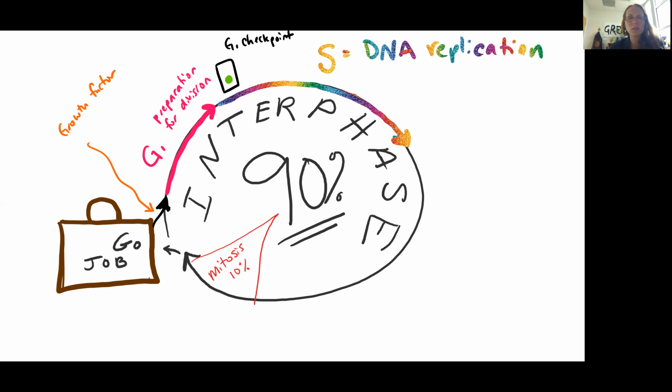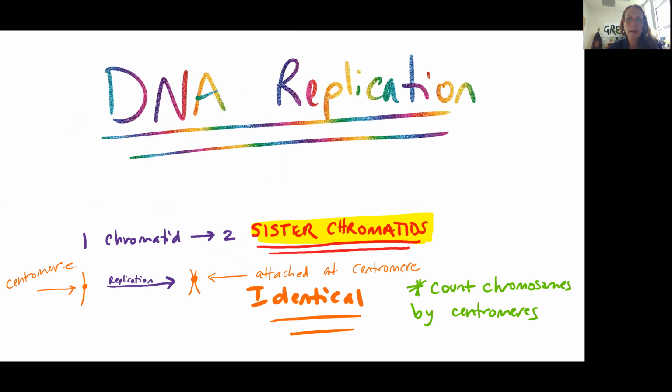Once the cell gets the green light, it's going to enter what's called S phase. Now this is an important part of interphase. This is where DNA replication is going to occur. Remember, as part of the preparation for division, not only do we need double the proteins, double the organelles, double the cytoplasm, but we also need double the DNA.